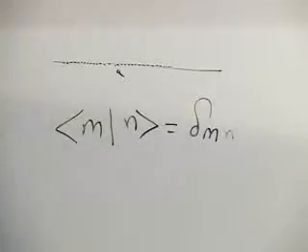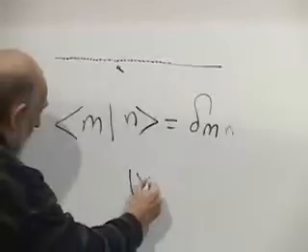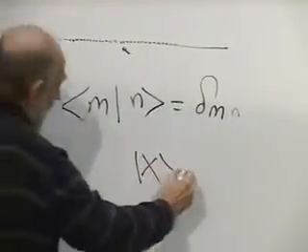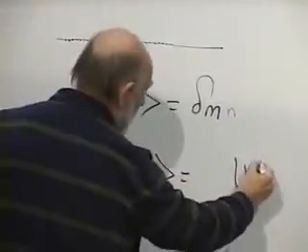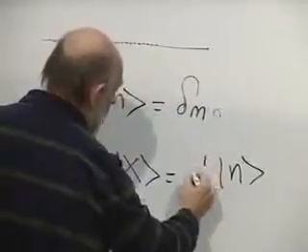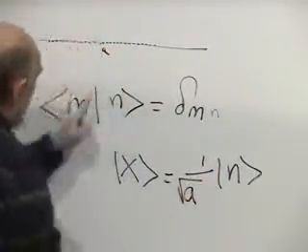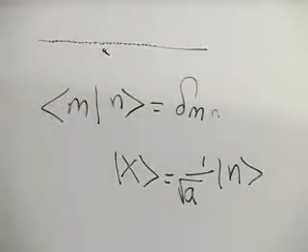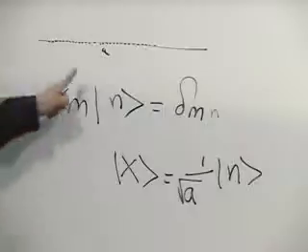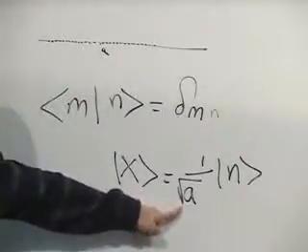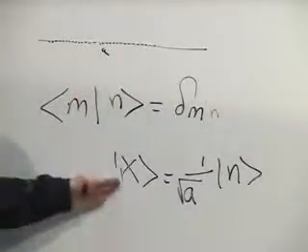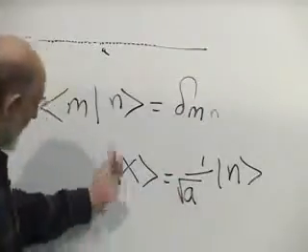What we would do to get to the vectors x is to multiply the vectors n by a numerical value which would be 1 over the square root of a. You just multiply the vectors by a large number. When a gets small, the 1 over the square root of a gets big, and you simply multiply all of the vectors.